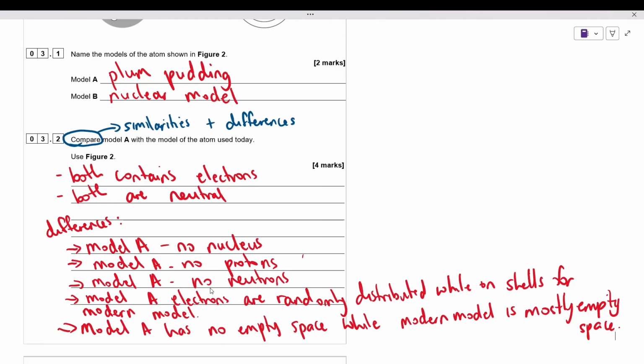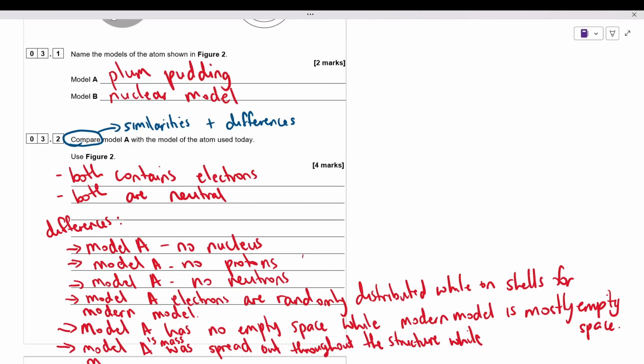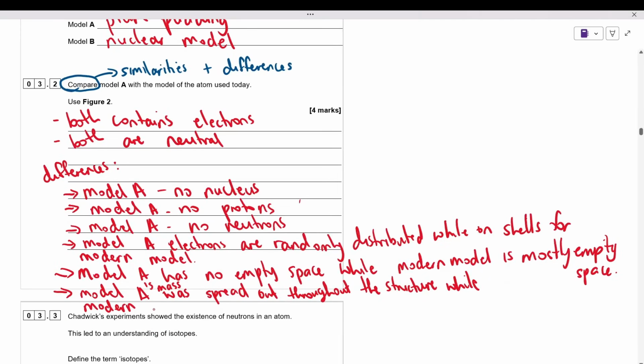Another one, based on the observation from Ernest Rutherford's experiment: model A had mass spread out throughout the structure, while the modern model has mass concentrated in the nucleus.